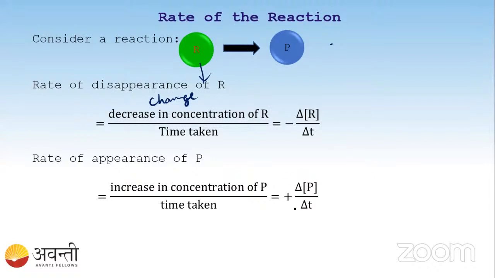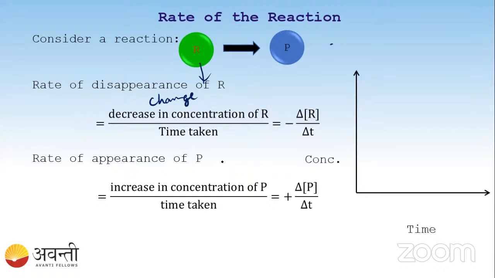So sign matters a lot. If it is appearing, it will be a plus sign. So these are the basic formulas for the rate of disappearance of R and rate of appearance of P. I hope you understand why we use the disappearance term for reactants and the appearance term for products.